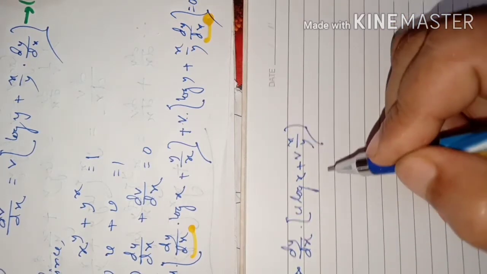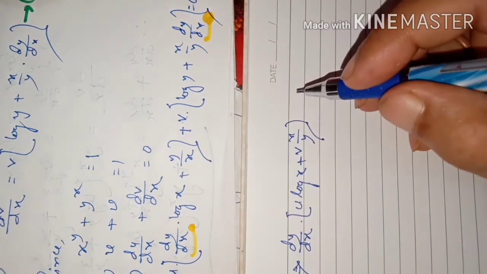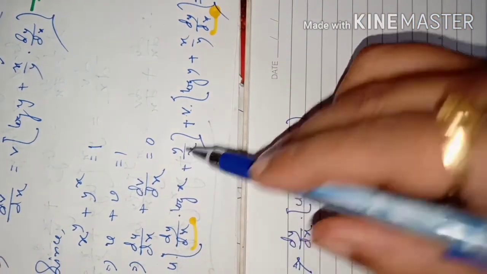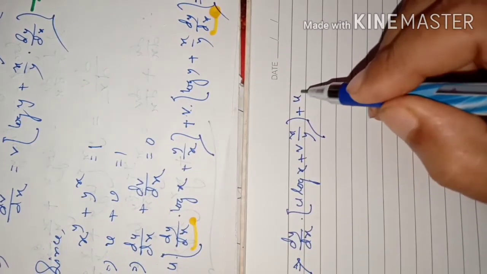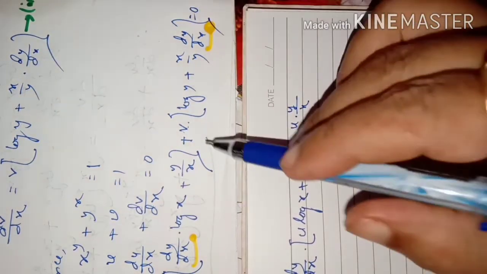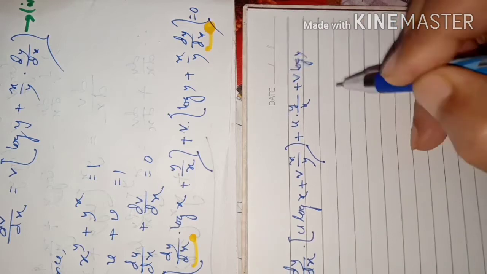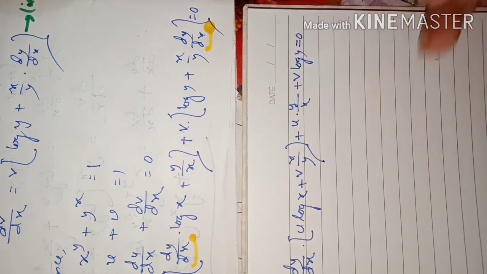dy by dx is out. Now we have got here u into y by x, and from this part, v into log y is there, is equal to 0.